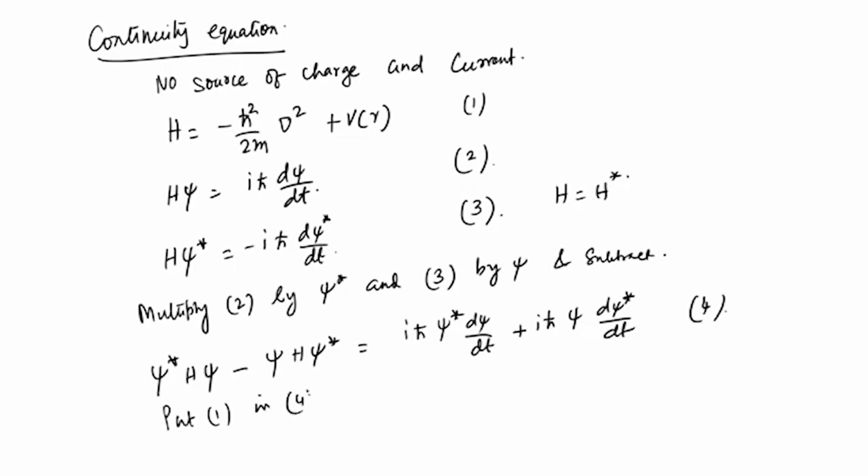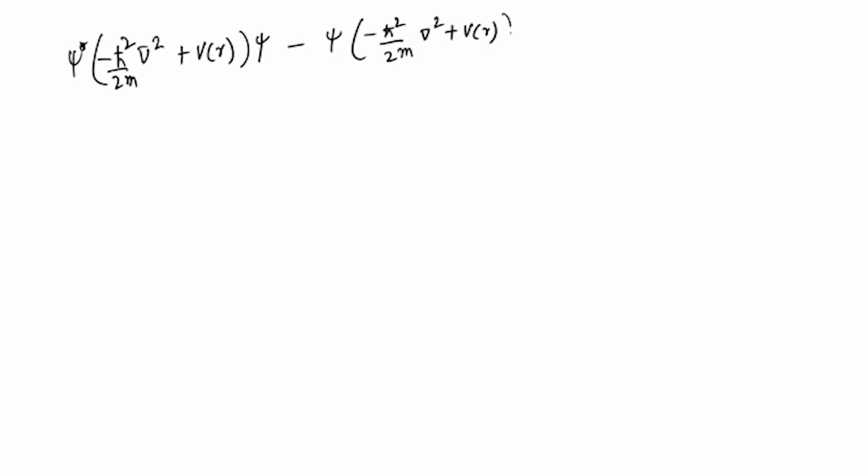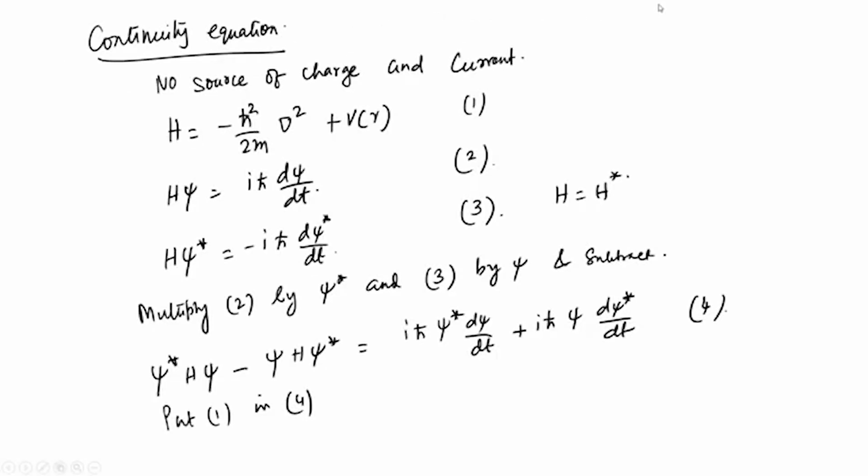Okay. So, put 1 in 4, and then we have psi star and minus h cross square by 2m del square plus V of r, and you have psi, and that is minus psi, we have minus h cross square over 2m del square plus V of r, and we have a psi star, and then we have i h cross d dt of, so you have psi star d psi dt and psi d psi star dt.